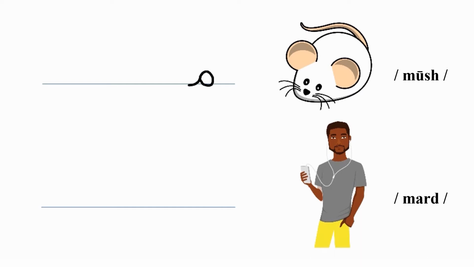Then we have the long vowel oo, moo, and the final letter is she, moosh. Why are she and oo not connected? Because oo does not take any letters from the left side.